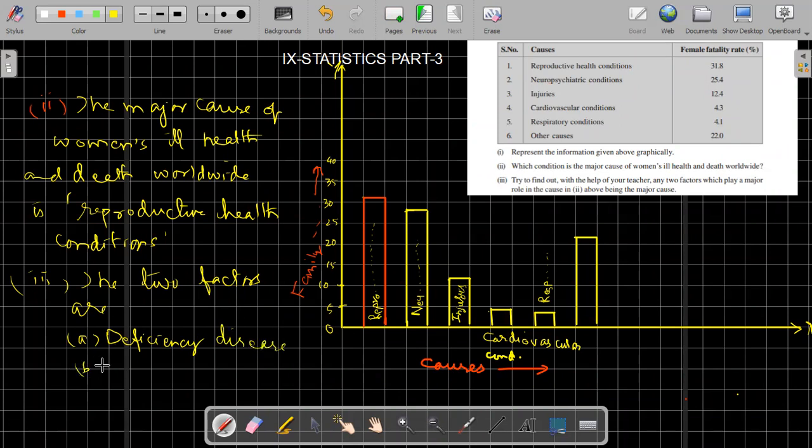And second, you can write improper diet. Due to improper diet, their fatality rate is more, because during those days they are not taking proper diet, then they may not survive. So they have to take the proper diet. So due to improper diet also, this is the whole data that is collected. So that's it for this question.